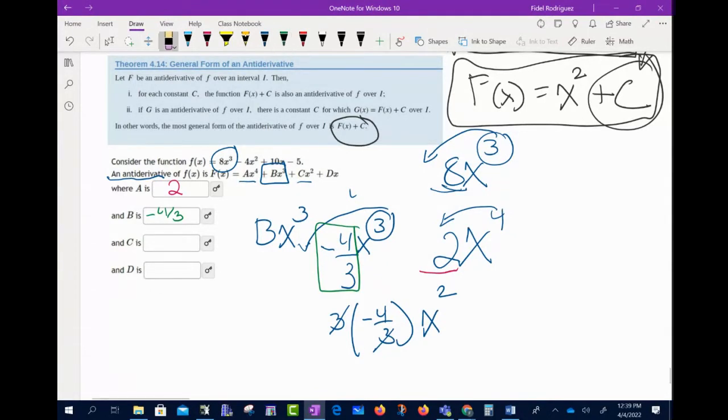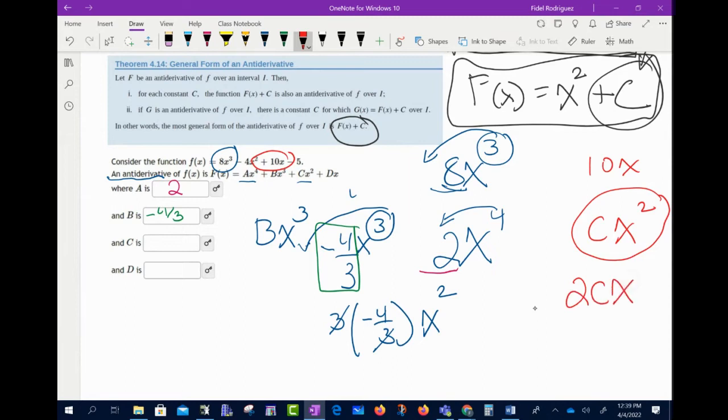Okay. Let's take a look at the next piece. So look what we have right now. We have a 10x. Okay. And we know that we're supposed to have a cx squared, right? So think about it this way. When I'm taking the derivative of this, y'all, isn't this really 2cx when I take the derivative of, say, cx squared?